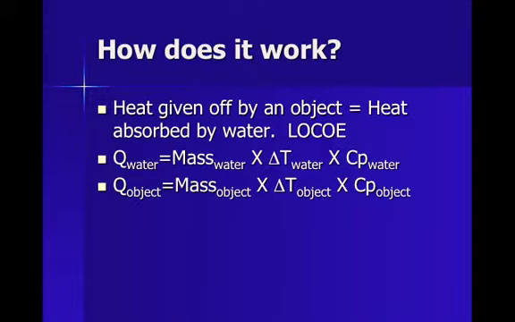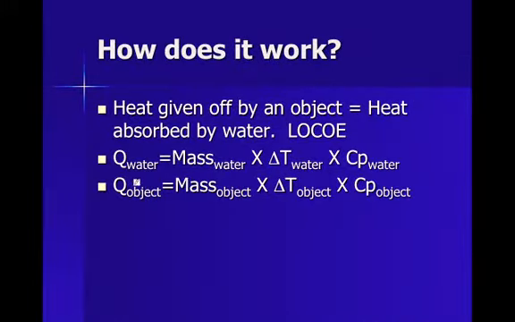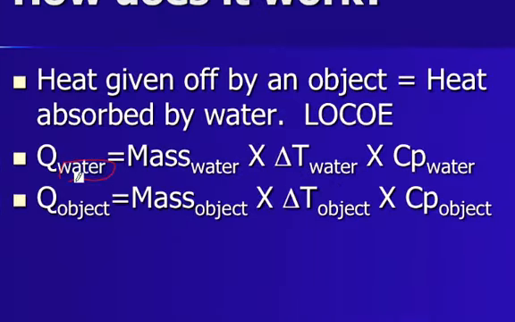So, when we do calorimetry, we follow this law called the law of conservation of energy. Meaning, energy can't just disappear. Whatever energy you have in the system has to go somewhere. So, the water, right here, the Q of the water is the energy absorbed by the water. All we have to know is how much the temperature of the water goes up, the mass of the water, and this constant over here.